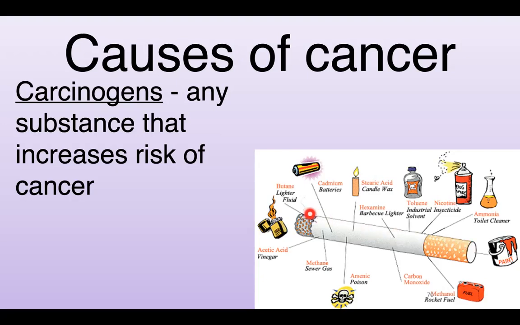Just to hopefully scare you off from ever trying a cigarette, you can see all of the different chemicals, and this is not even all of them, by the way. We've got arsenic in cigarettes, which is poison. We've got methane, which is what makes the sewage smell gross. Carbon monoxide. You got methanol, which is rocket fuel.